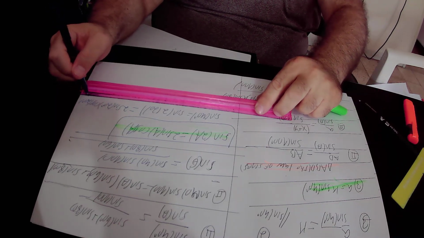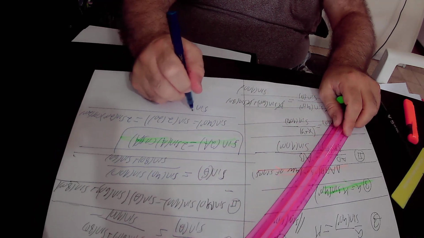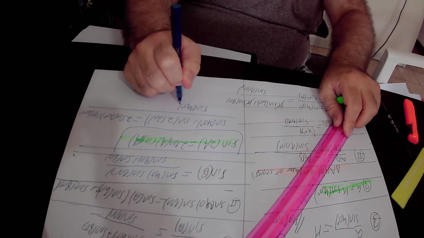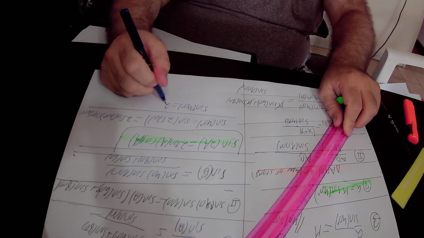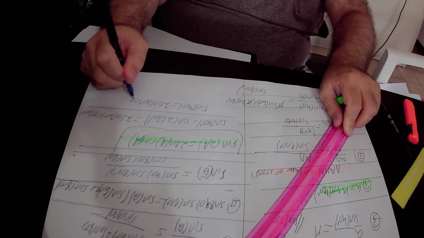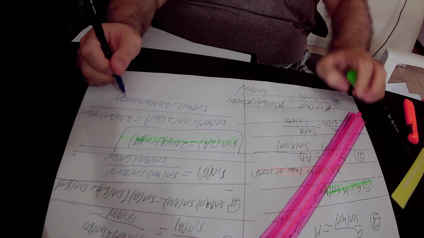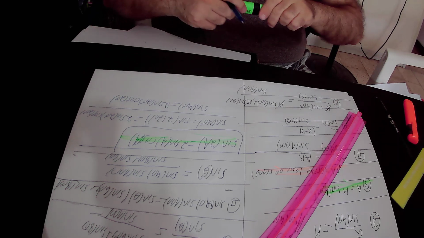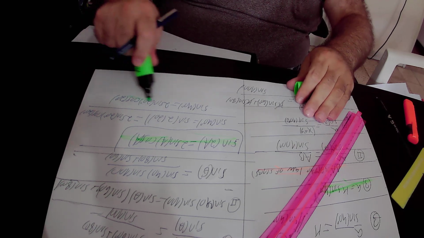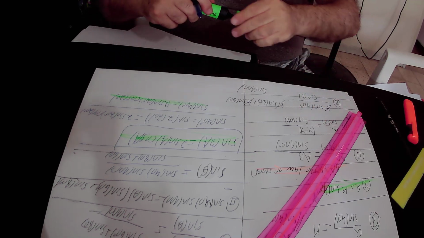So in conclusion, sine 40 degrees is equal to 2 times sine 20 degrees times cosine 20 degrees. So we can substitute sine 40 degrees in equation number 2 by 2 times sine 20 degrees times cosine 20 degrees. We'll do it later.